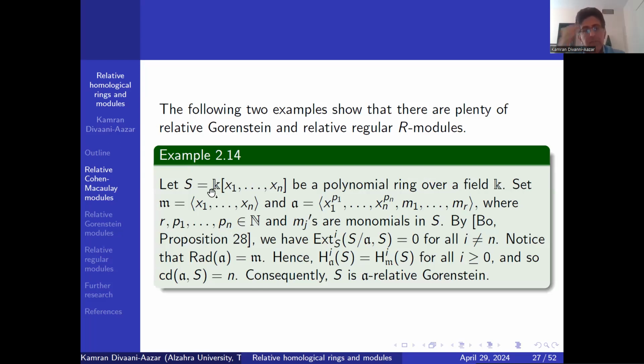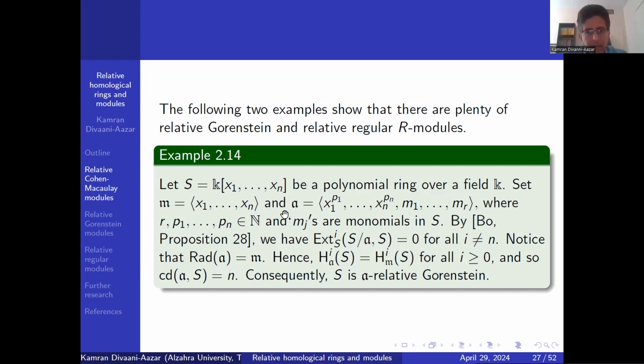Take S to be this polynomial ring over a field K, let M be its maximal homogeneous ideal, and take A to be this monomial ideal, x1^p1 up to xn^pn, and m1 up to m_r are monomials in S. By a result in this reference, we have that these Ext modules are always 0 for all i different from n.